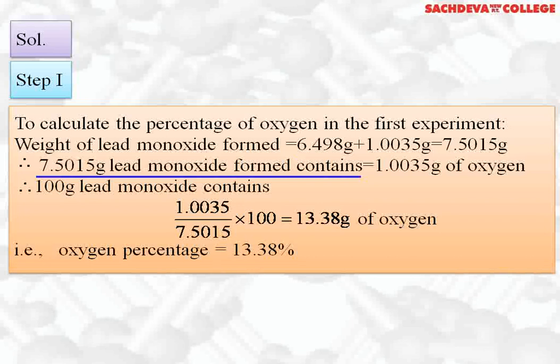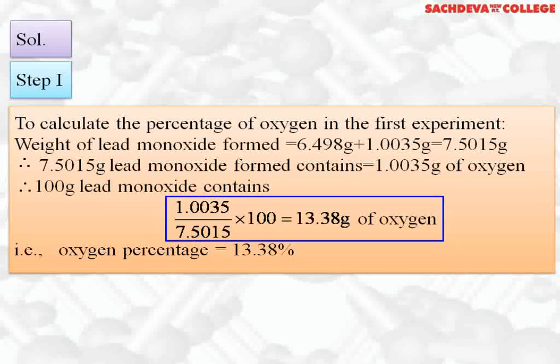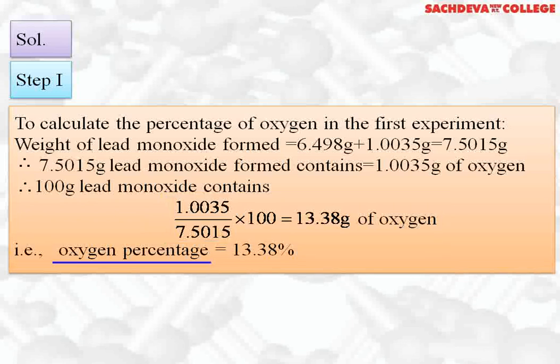Now 7.5015 gram of lead monoxide is formed, which contains 1.0035 gram of oxygen. 100 gram of lead monoxide will contain 1.0035 divided by 7.5015 into 100, which is equal to 13.38 gram of oxygen. So the percentage of oxygen will be 13.38.